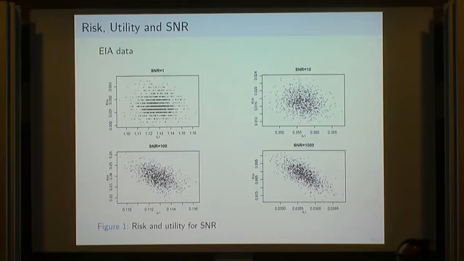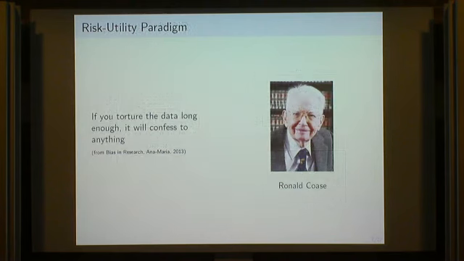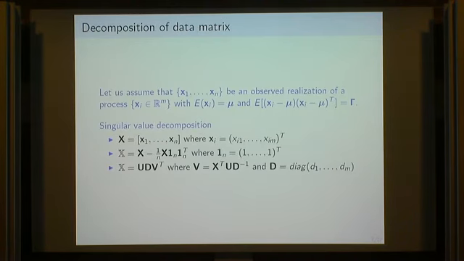So to do that, we try different other options. To try this, let's think about the decomposition of the data matrix. To set the scene, let's assume that x1 to xn is an observed realization of the process. This is the m-dimensional process xi with finite mean mu and finite covariance matrix gamma.